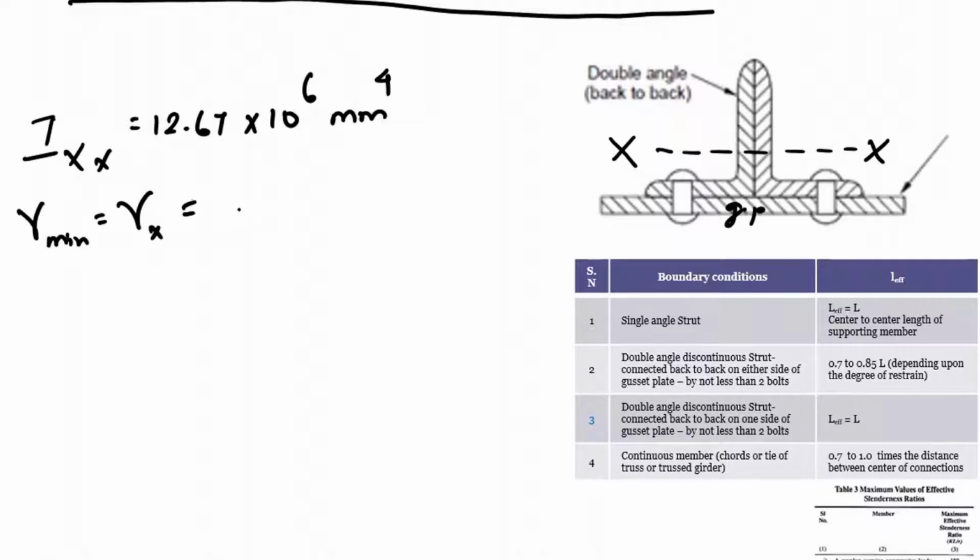So R minimum at the axis xx is 46.57 mm. This we got from the previous numerical.